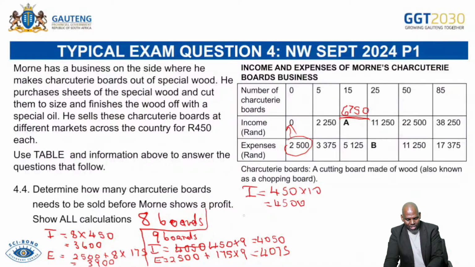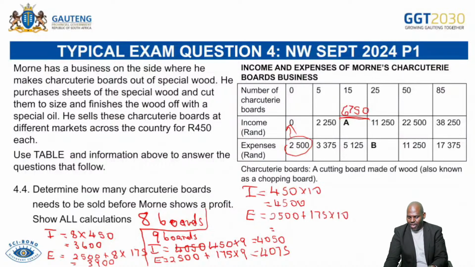If I take the very same amount and calculate the expenses, I say 2,500 plus 175 times 10. 175 multiplied by 10 is 1,750, and then I add 2,500, then I'm getting 4,250.